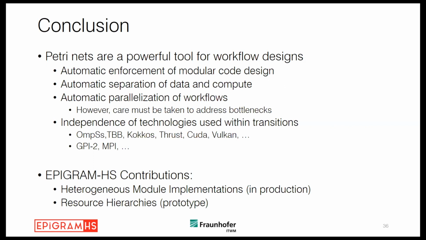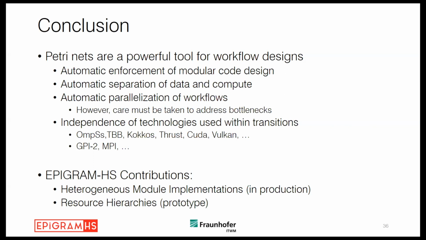And the other thing that was added, but is not added yet to the production code of GPISpace, is resource hierarchies. Resource hierarchies are similar to what Slurm is offering. It allows to fix certain resources to given tasks or certain given groups of tasks.